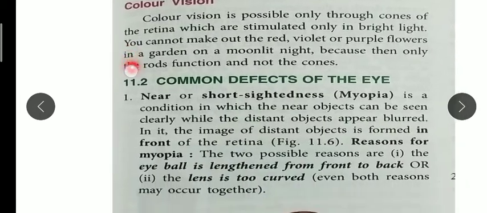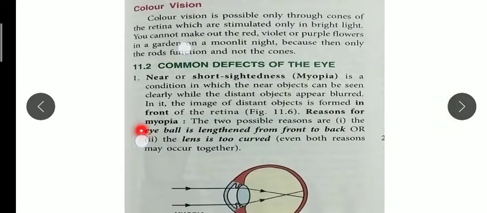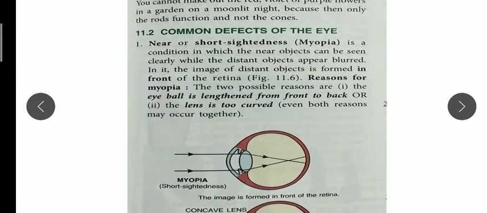Now what are the defects? There are so many defects. First one is myopia, or near or short sightedness. It is a condition in which a person is unable to see far objects clearly, but near objects appear fine; distant objects appear blurred. So you should know this condition.